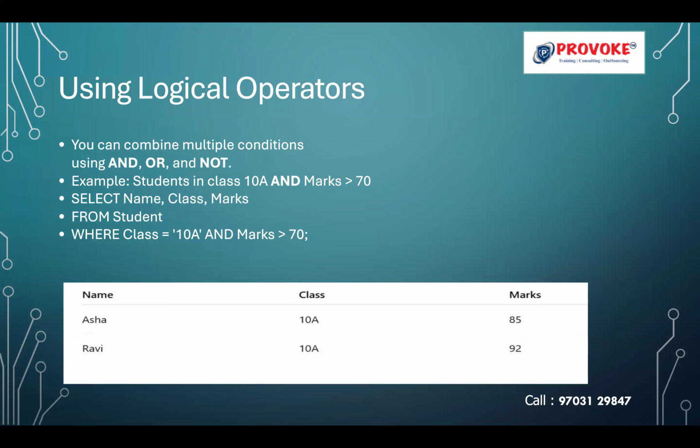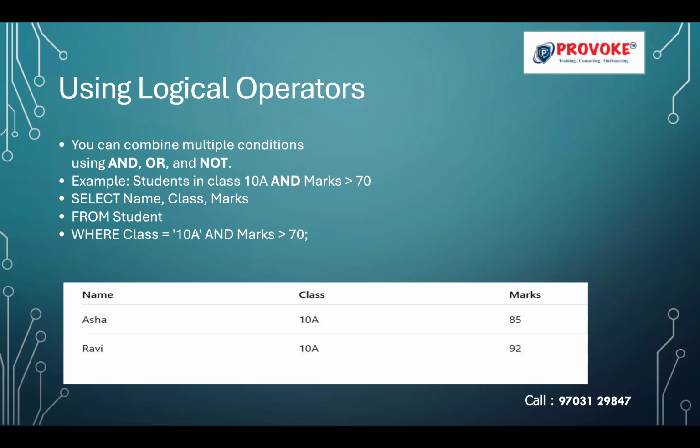Using logical operators. I hope you are familiar with the logical operators. The logical operators are the AND operator, OR operator, NOT operator. AND operator, how does it work? For AND to give a true result, both the conditions should be true.